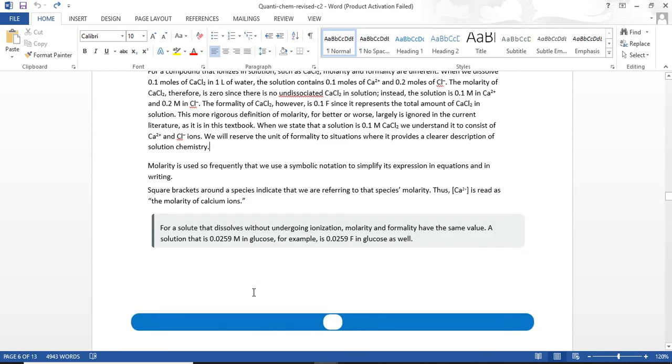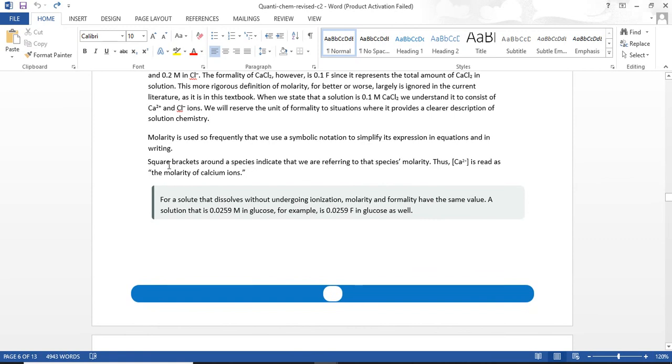Square brackets around the species indicate that we are referring to its molarity. For example, [Ca2+] is read as the molarity of calcium ions. So if it has brackets, it is molarity.